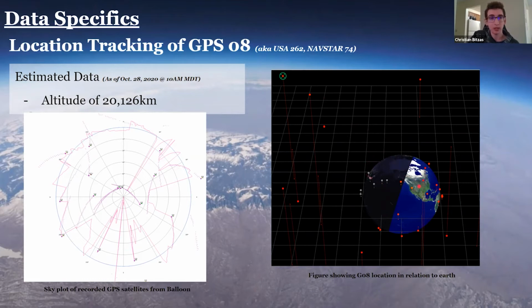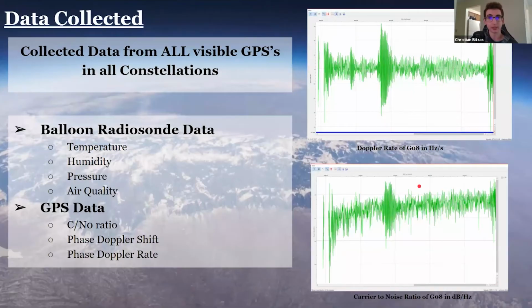From the data we collected on the balloon itself, we collected temperature, humidity, pressure, and air quality, which we fed into a program to help estimate and predict atmospheric properties such as temperature. But in terms of the GPS data, which is only for G08, that specific GNSS satellite, we collected the carrier to noise ratio, the phase Doppler shift, and the phase Doppler rate.